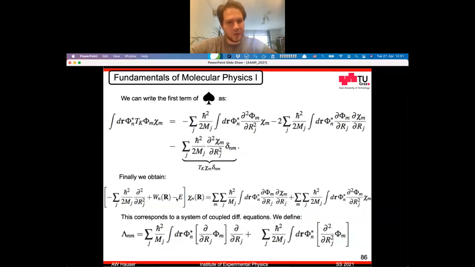Right? I put it all on the left-hand side, and what's left on the right-hand side are these two other components of our kinetic energy operator. The one that has the mixed derivatives and the other one that has the second derivative of our electronic wave function with respect to the nuclear positions.